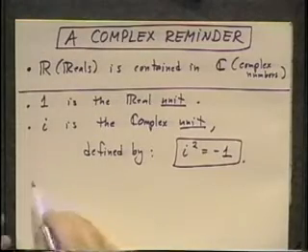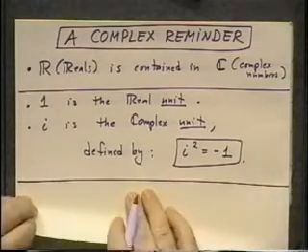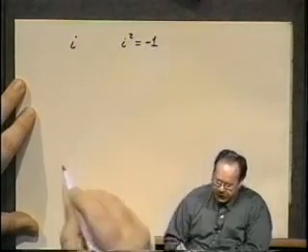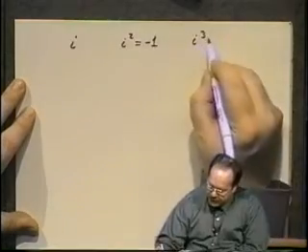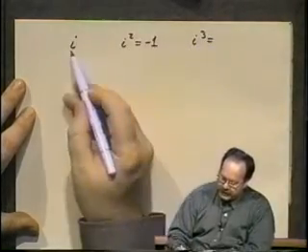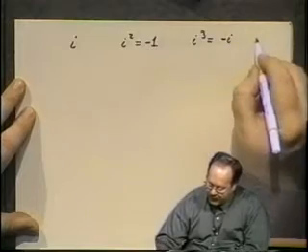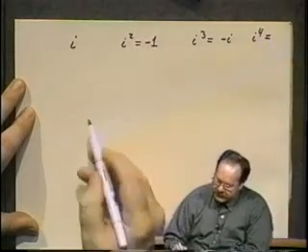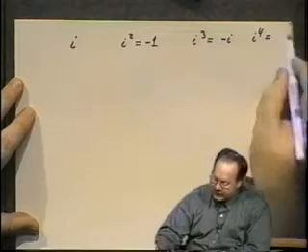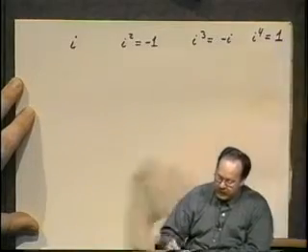And then we learned a few facts about i that I'll go ahead and sketch out here on this page. There's something that happens when you multiply powers of i, because each time you get a square, it turns into a -1. Things simplify fairly quickly. You can start out with i, and then you can look at i squared, which is -1. And then you can look at i cubed, which is i squared times i, so that becomes -i. And then i to the 4th, which is i squared times i squared, which takes you back to -1 times -1, which is 1.